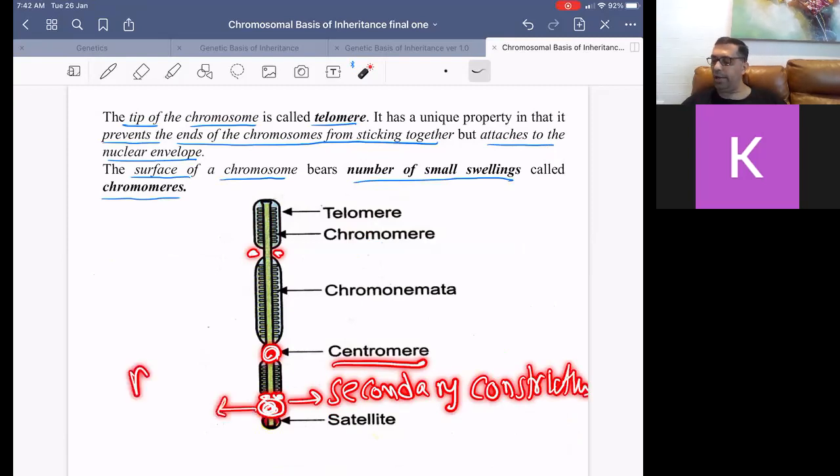And nucleolar organizers are necessary for formation of the nucleolus.